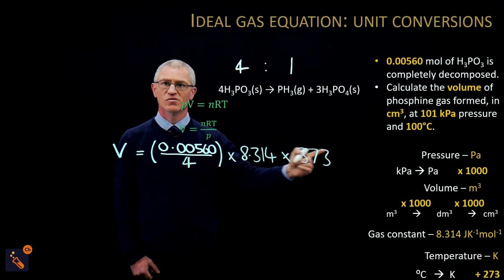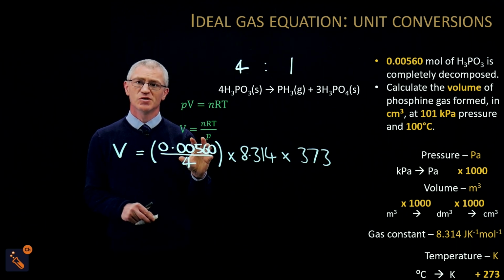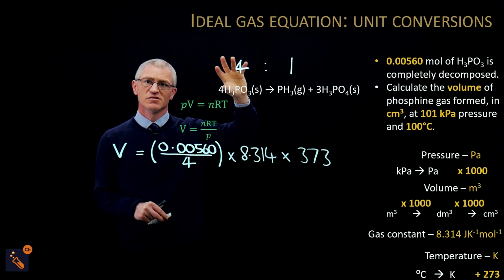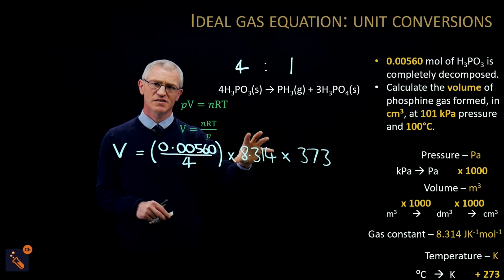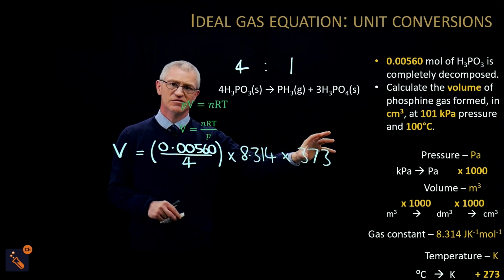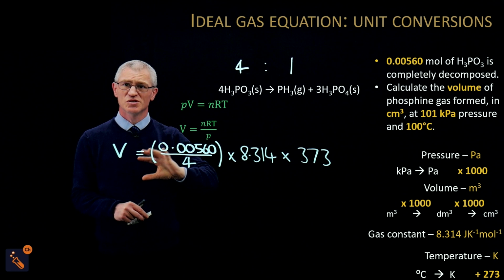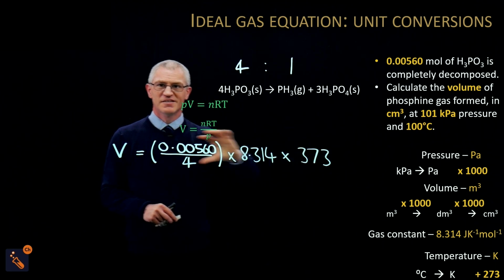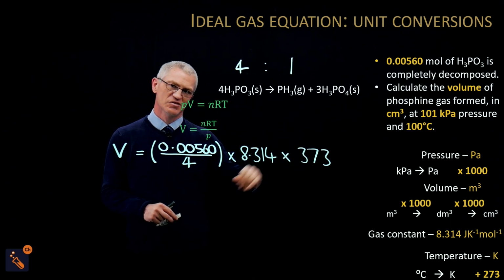So we've got all of our information here. Going back through that again, here's our number of moles, which we found using the equation and the balancing to work out the exact number of moles of pH3. That's from the data sheet, 8.314, which is R, and here is our converted temperature, now in Kelvin and not in degrees C. I would put all the units on, but it fills up the board too much, so I've left the units off for now.